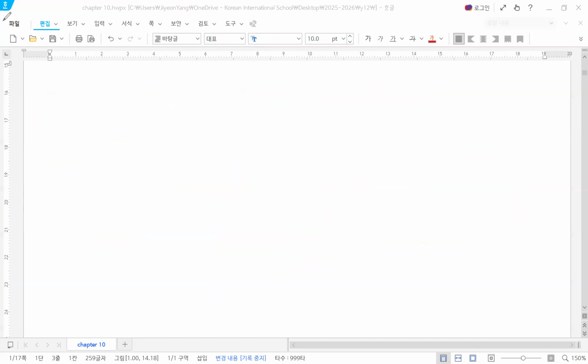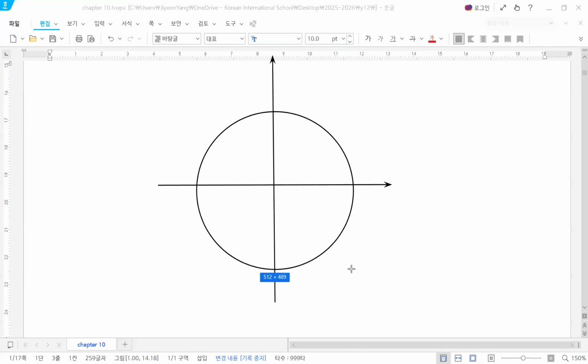I am going to draw the circle again one more time. X-axis and Y-axis. Let's draw a unit circle.